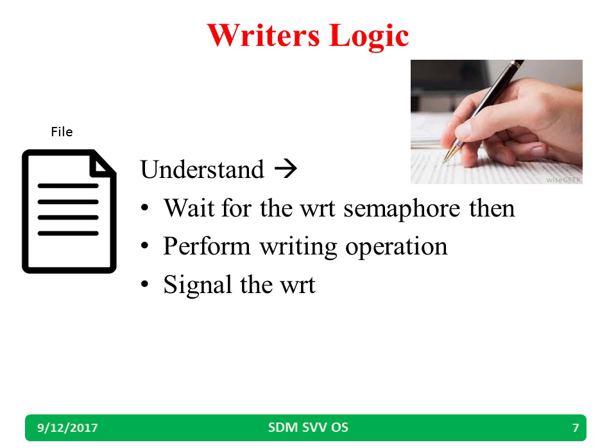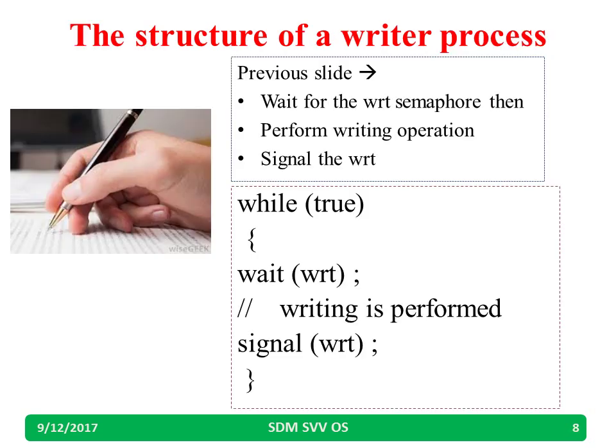The concept is very simple. This is from the previous slide, and the same thing we are writing as a program. While true, it will always execute. Wait for WRT to ensure that nobody is writing, then you start writing. Once you finish writing, signal WRT so that another process can start writing, or maybe reading.